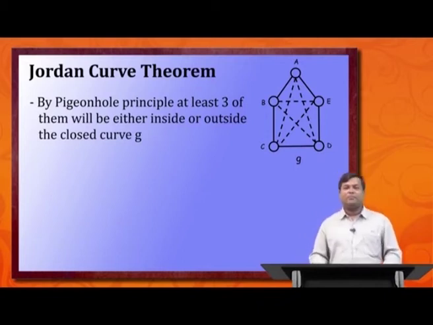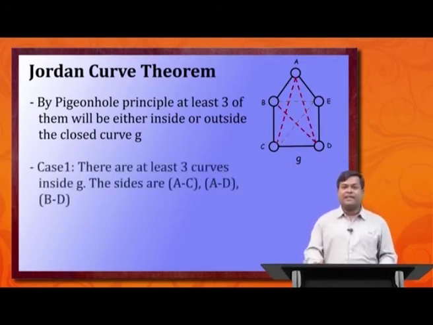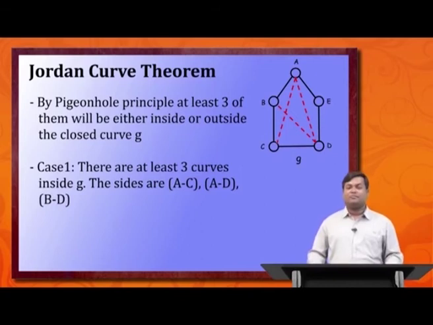That's the basic idea of the pigeonhole principle, and it's a very famous principle in mathematics. So using that, let's assume that 3 of them are either inside or outside. In case 1, there are at least 3 curves inside G. I have marked them in red. I have not drawn them yet, but I have indicated those 3 curves.